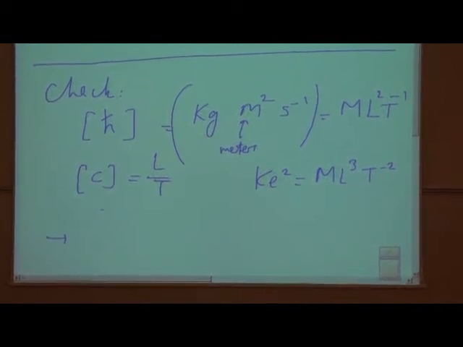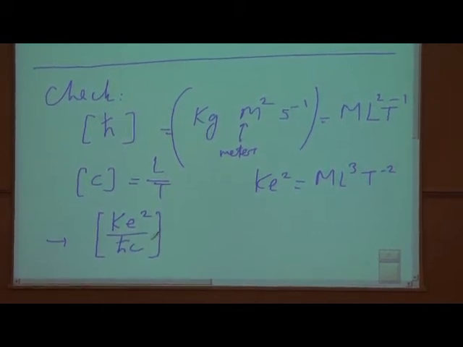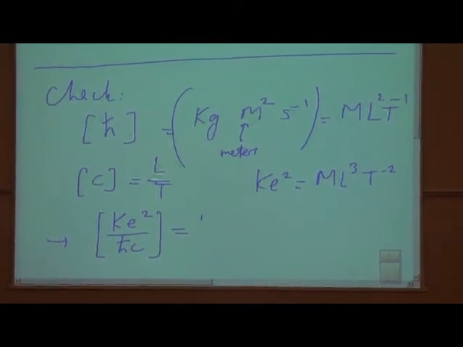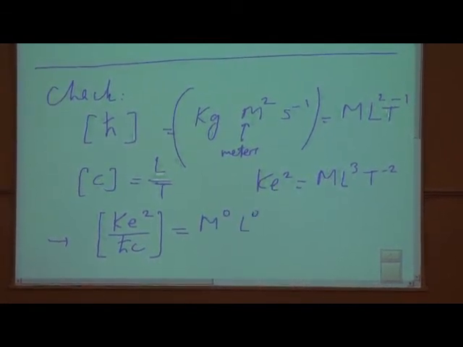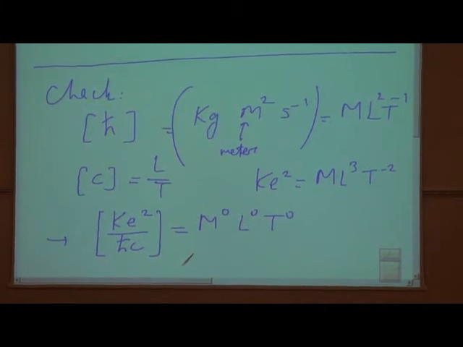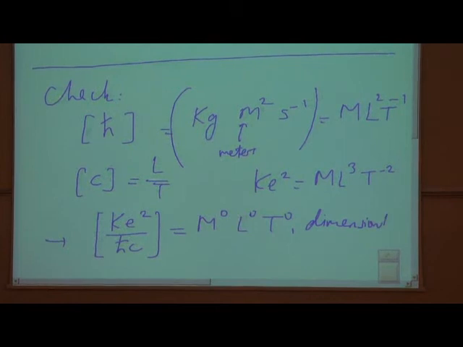Dimensions of this combination of fundamental constants is M to the 0, L to the 0, T to the 0. That means it doesn't depend on any mass, length, or time. Dimensionless. It's a pure number.